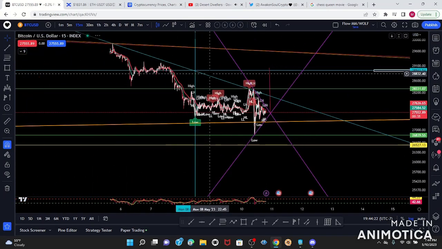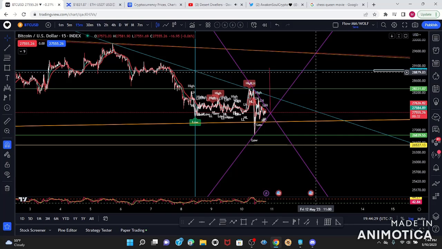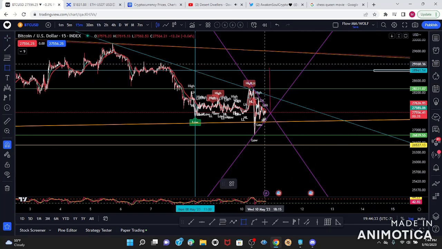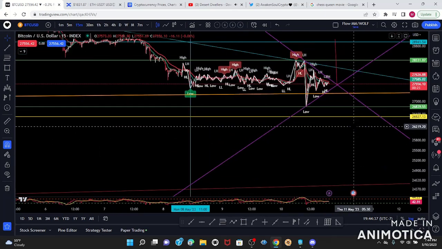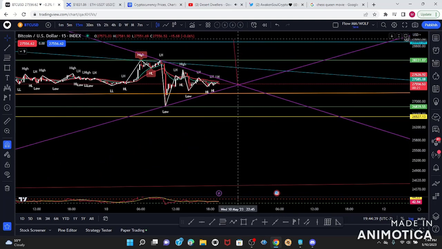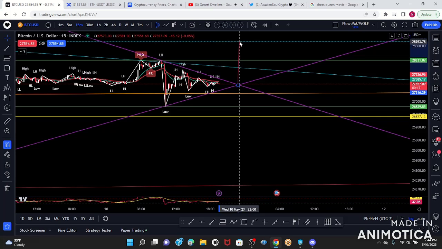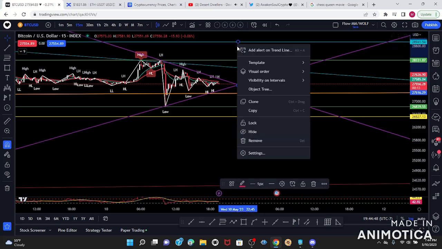I didn't highlight it, but earlier, this is why I color coordinate everything, I believe that's a 1 hour target, the blue. Okay, what a confluence right there. So that could definitely hit, or we could break structure to the bottom and go to 23k. Because if we get this measured move to the downside, it's gonna copy, clone it.